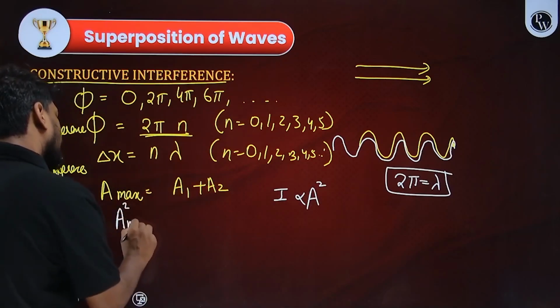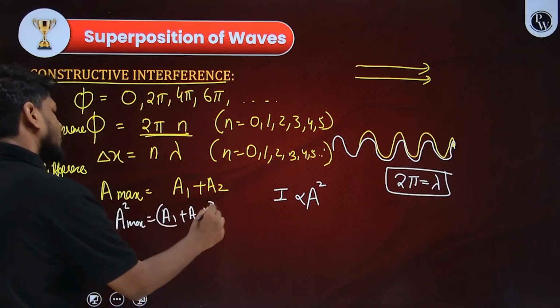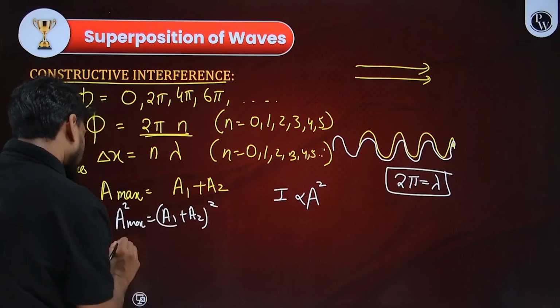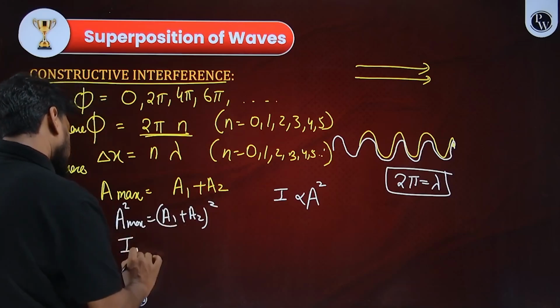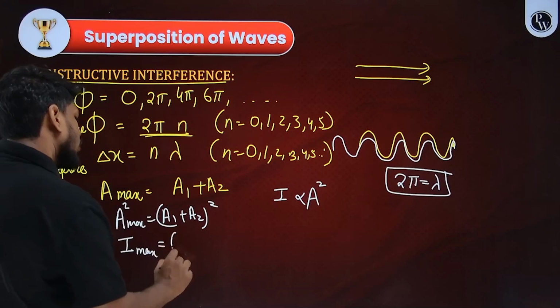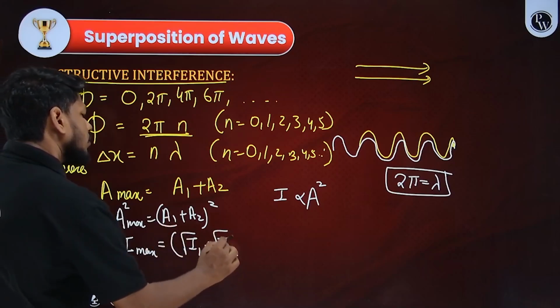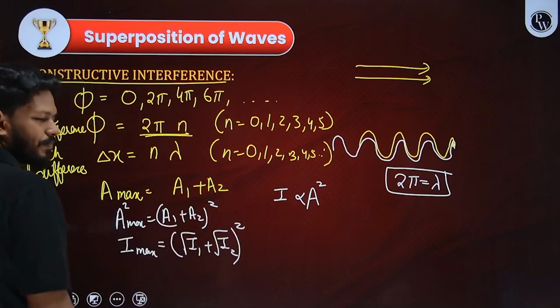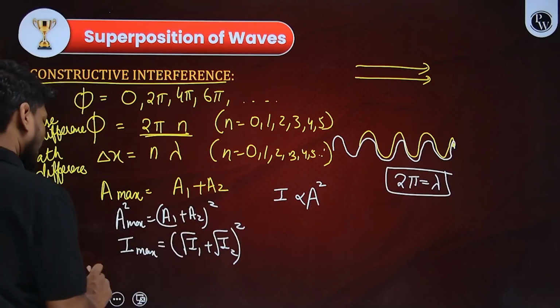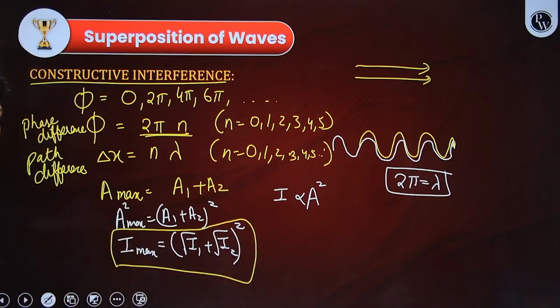So A square max is equal to A1 plus A2 the whole square. So instead of A, I can write I, right? So I max is equal to, what will be A1? Root of I1, A2 root of I2, the whole square. So this will be my maximum intensity.